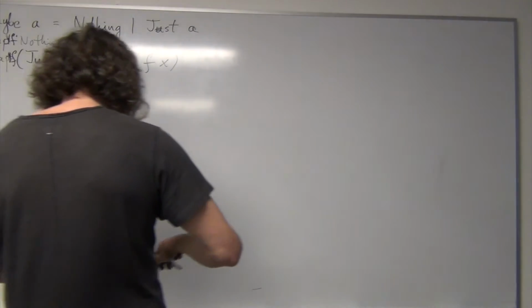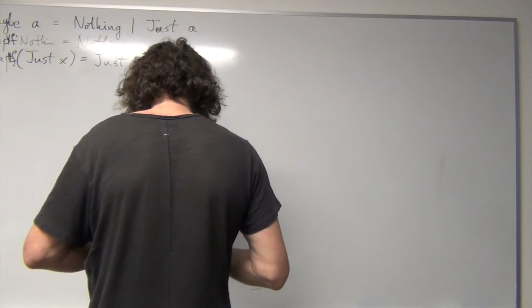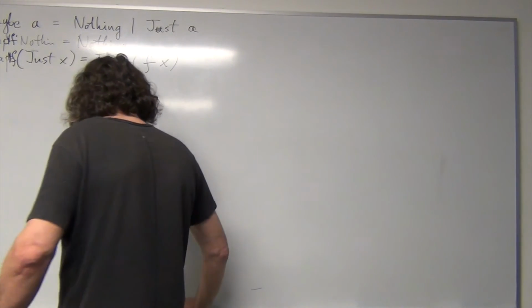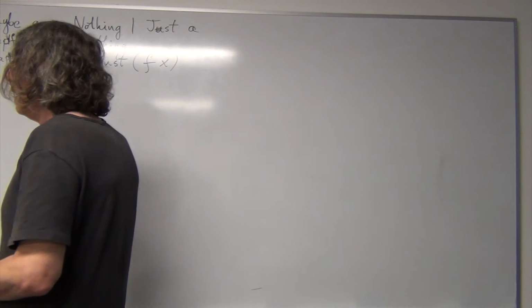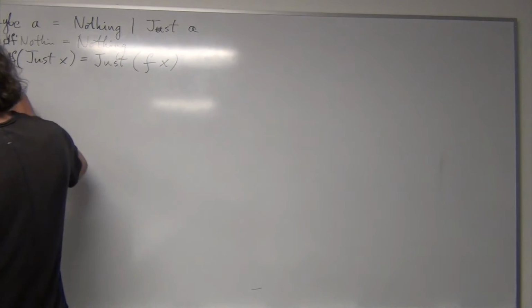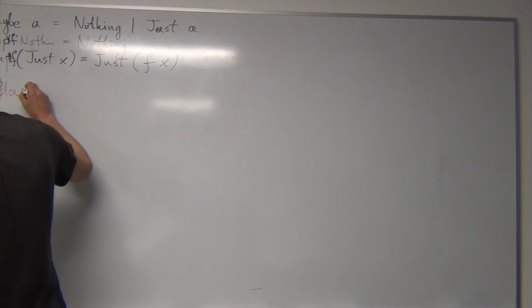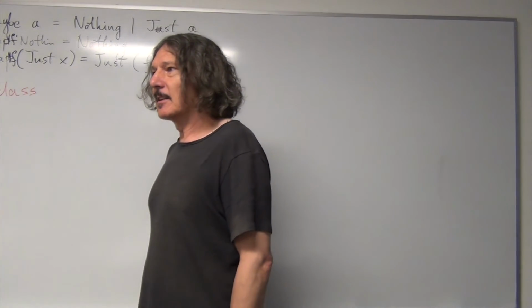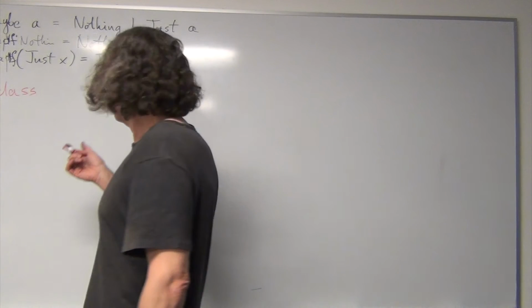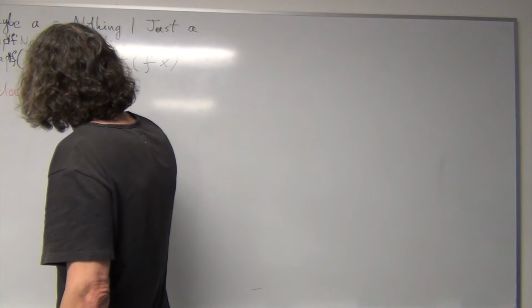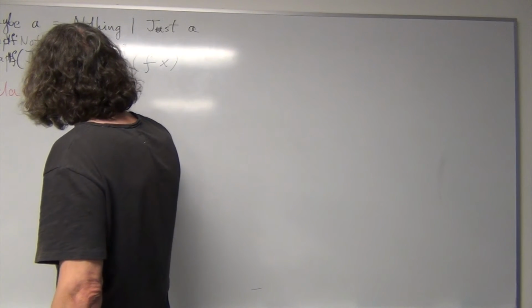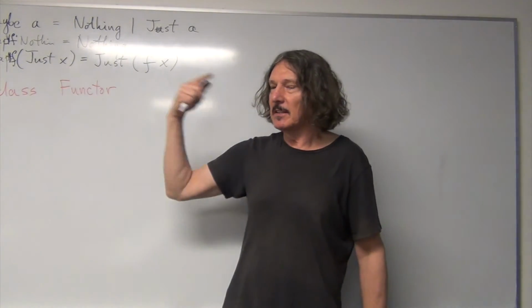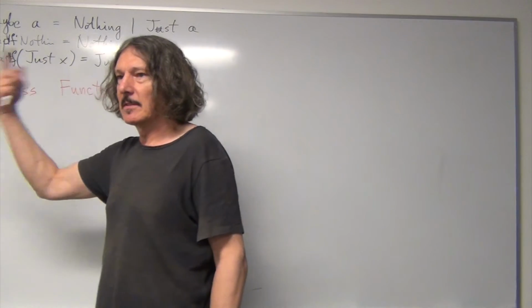Okay, so what should I call this? How about if I call it a class? So I'm defining a class. Now the class of these types will be called functors. I'm using a capital letter, because this is when I define a type or class of types.